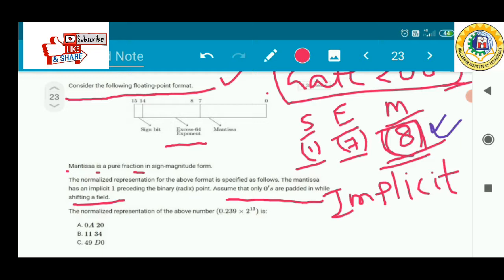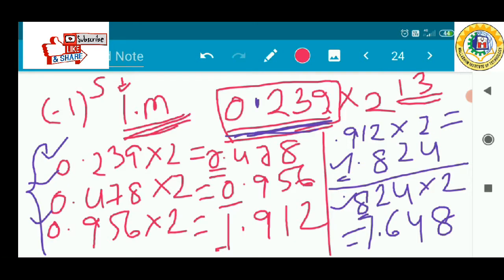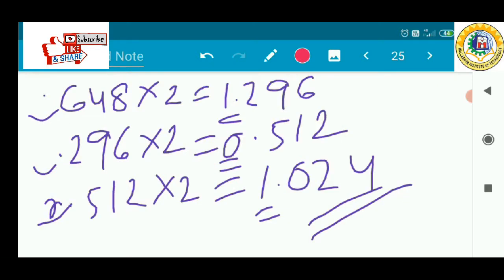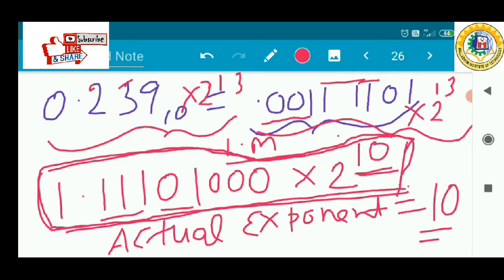Again repeating, in the floating point representation there is the sign bit, exponent bits, and mantissa bits. In the question it has been said that the sign bit is 1, exponent is 7 bits, mantissa is 8 bits, and you have to represent the number in the implicit format. I am converting 0.239 into its equivalent binary. This is the process, and you get the corresponding binary equivalent.